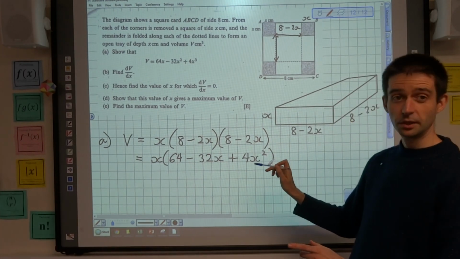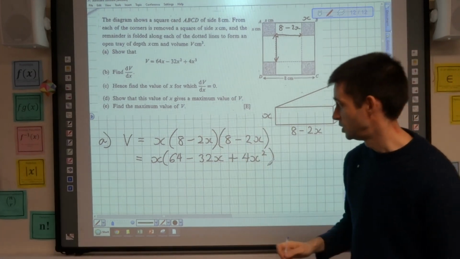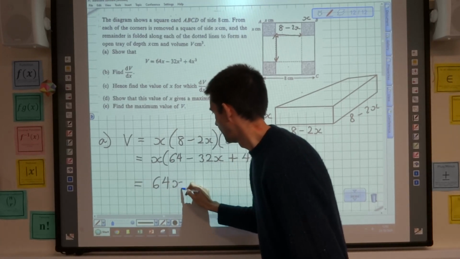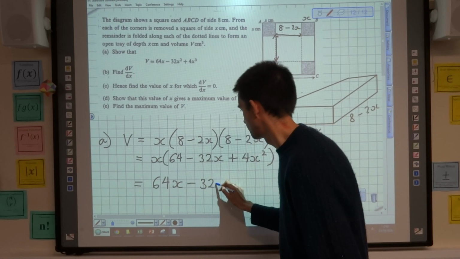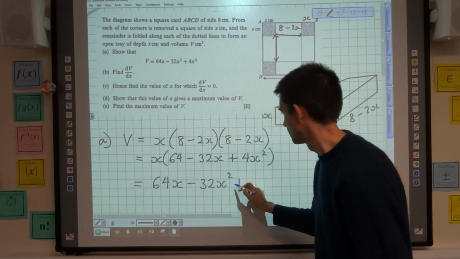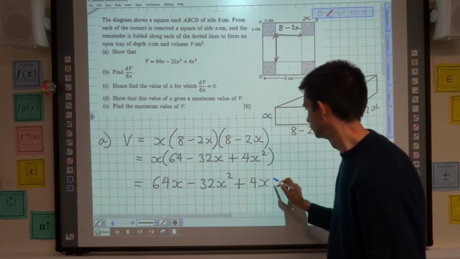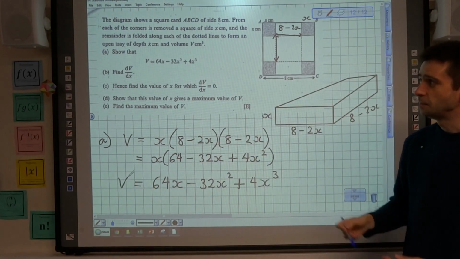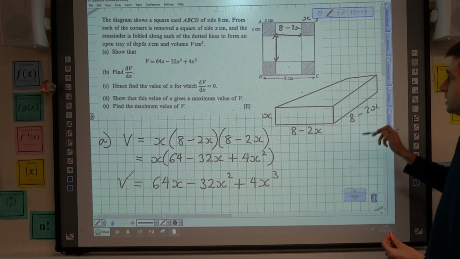This is already looking pretty promising given what I'm supposed to be showing. So expanding that bracket out, 64x minus 32x squared plus 4x cubed. And that is my expression for the volume of the shape, and that is part A done.